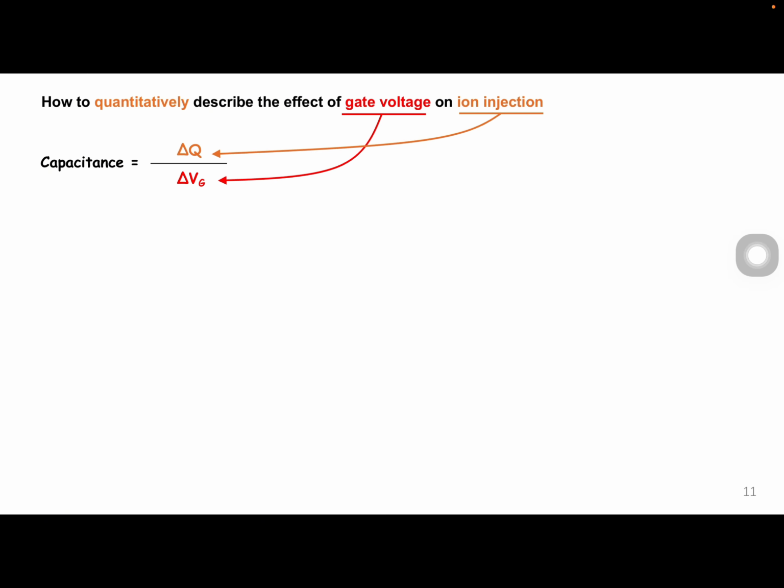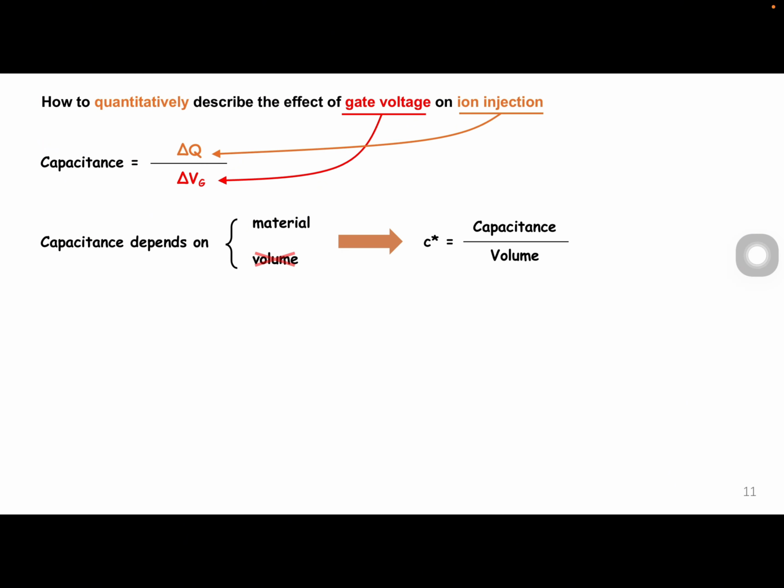The ion injection corresponds to delta Q. In addition, the capacitance depends on the material and the volume. If we want to eliminate the influence of volume, then divide the capacitance by the volume. This is the C star in the GM formula.